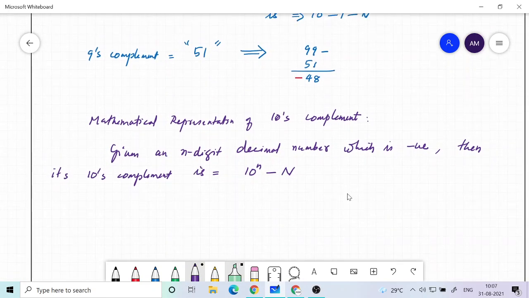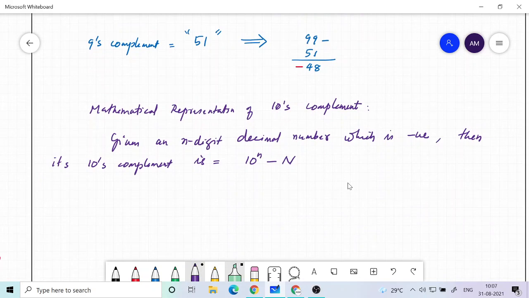So if you take the same example of minus 48, what we need to do is basically 100 minus 48. But whenever you have a subtraction like this, where the top number is always like 1000 or 10 raised to n in this format, it is better to subtract from 99 and then add 1 to it.